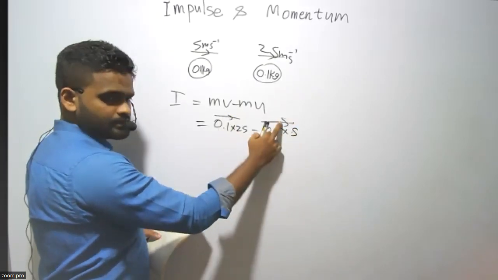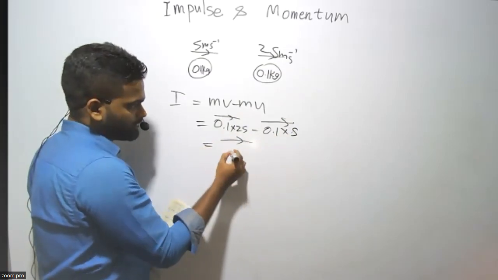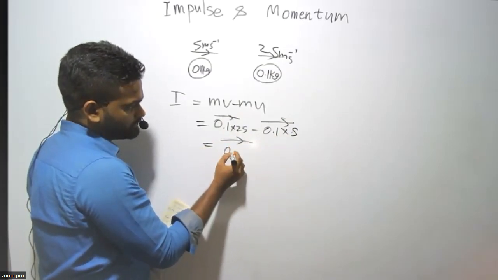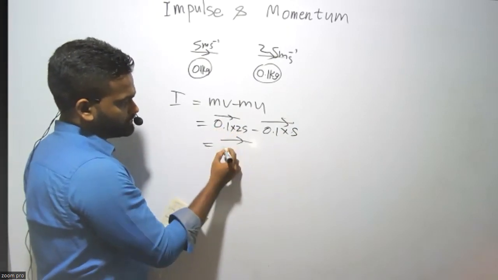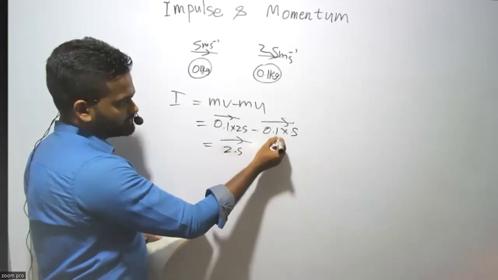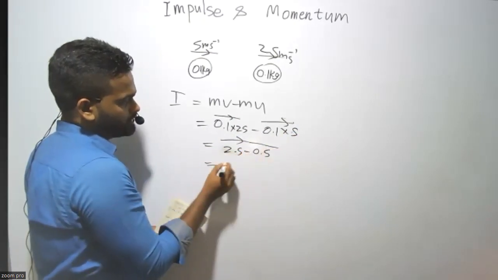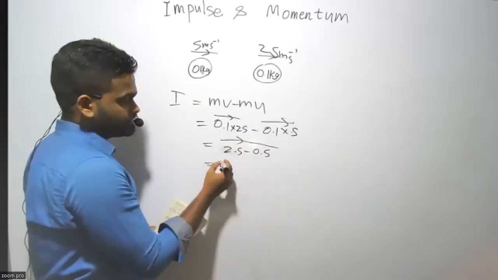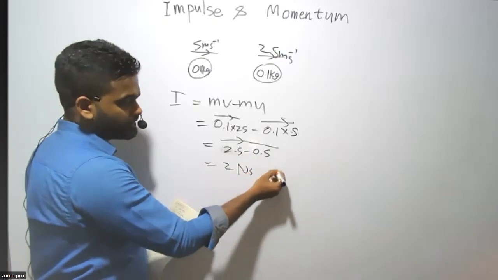Since these two are in the same direction, you can just simplify the numbers. 0.1 times 25 means 2.5. This is 5 times 0.1, so it is 0.5. 2.5 minus 0.5, that is 2 kilogram meters per second.